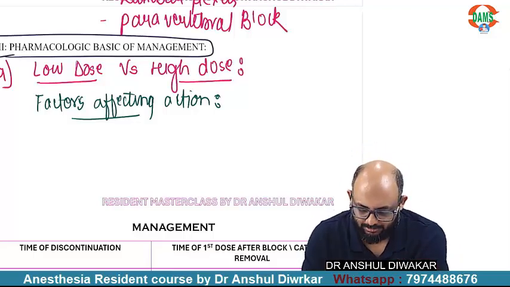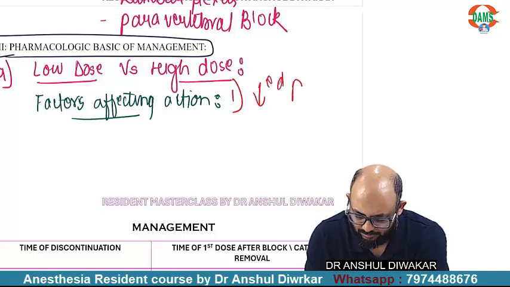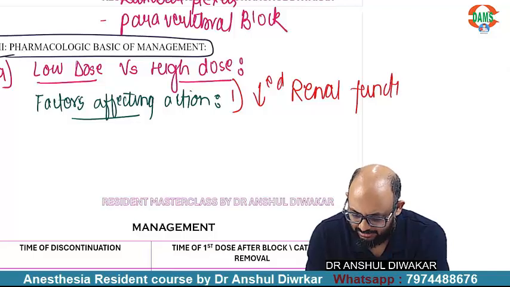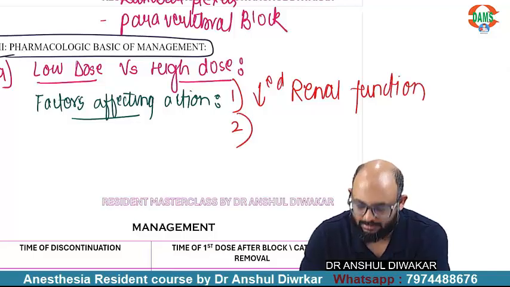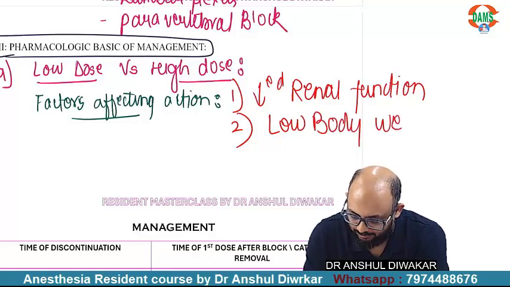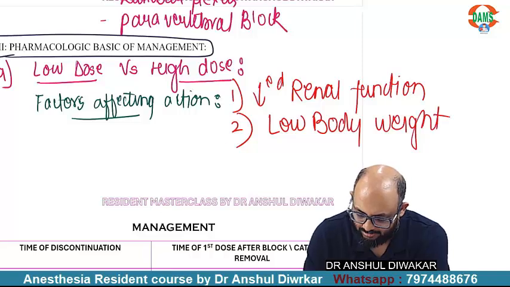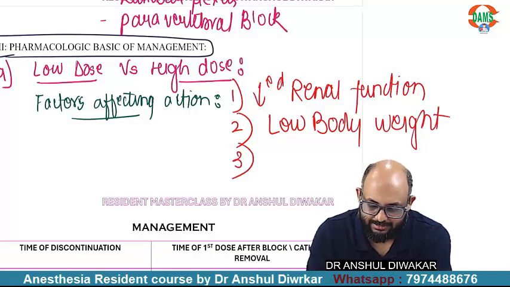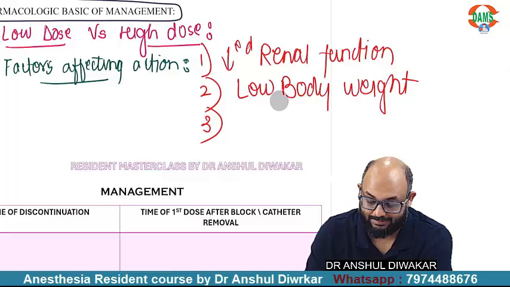How can they do that? Suppose there is decreased renal function, which we talk about the most, and this is based on creatinine clearance. Then low body weight, which we rarely consider. But if you have cancer patients who are very cachexic, with very low body weight, then this becomes pretty significant.